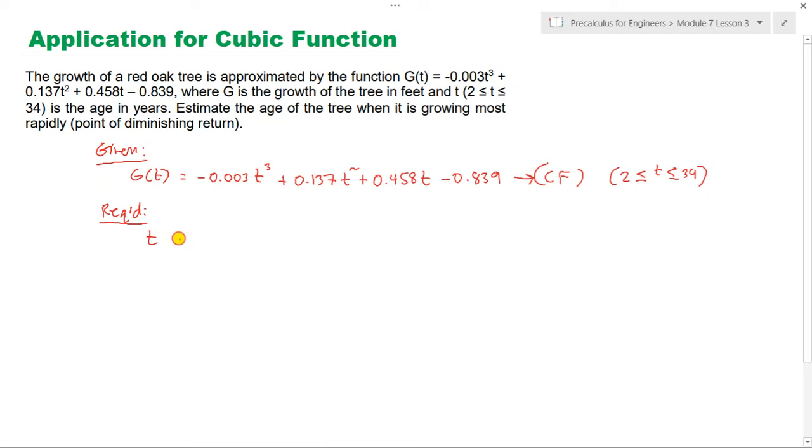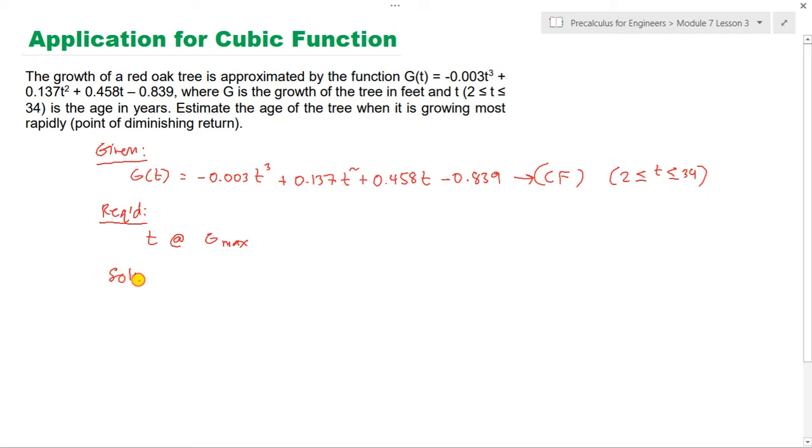The goal here is the age t at which g is growing most rapidly, at g maximum. Since g is the growth of the red oak tree, you look for the time when the red oak tree grows fastest. So that is g max.